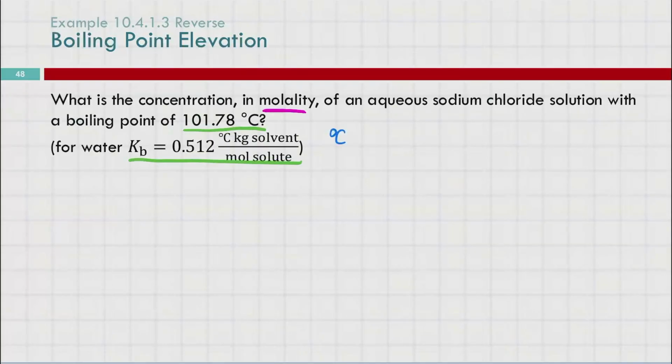Again, it's helpful to remember that this is secretly delta C, degrees Celsius over m. So we're trying to find concentration starting with boiling point. Just as a reminder, our equation is delta Tb, not tuberculosis, equals m times Kb.